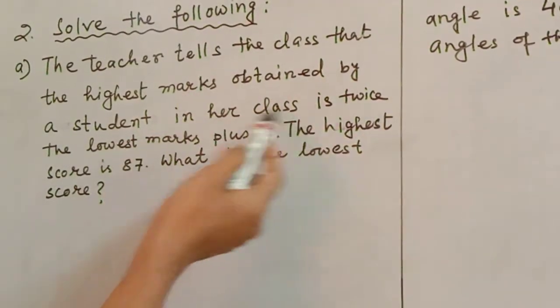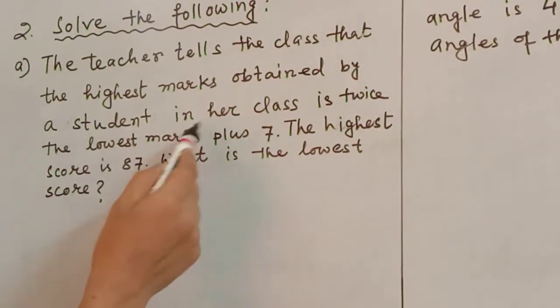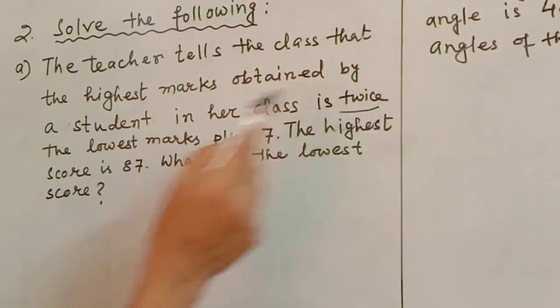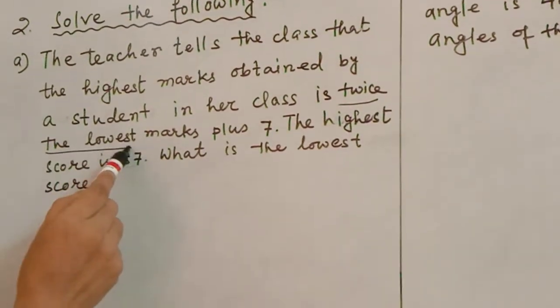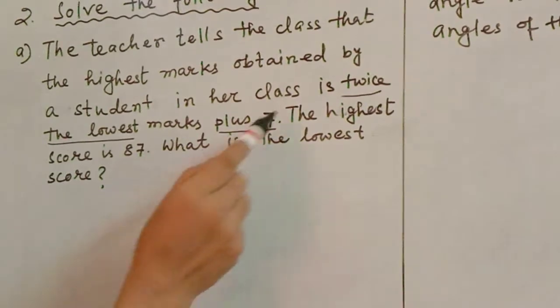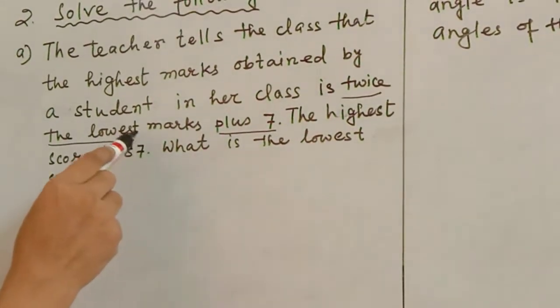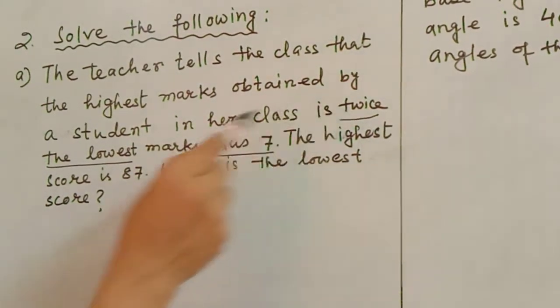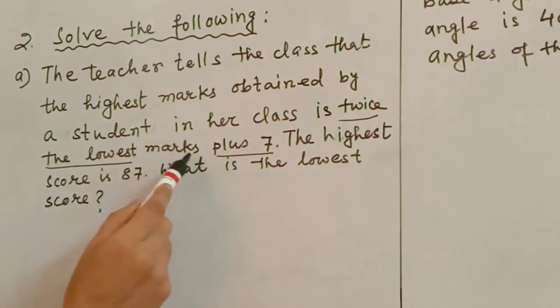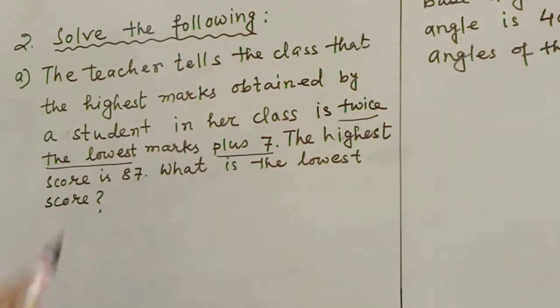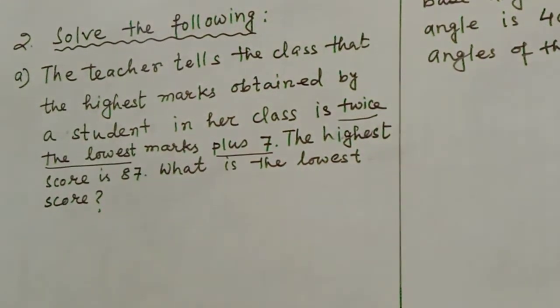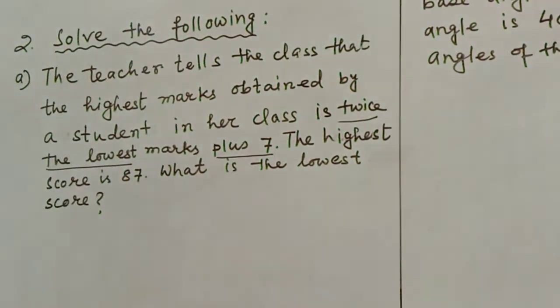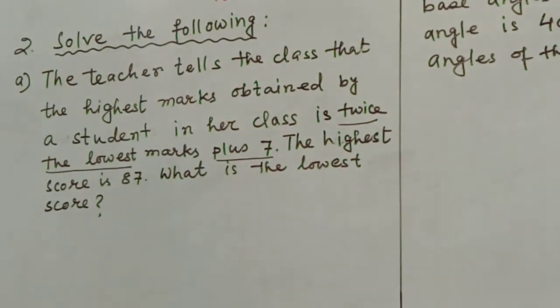So if you take the variable for the lowest marks, twice means 2 times the lowest marks plus 7, then you will get the highest marks. Do you remember you have done the same sum in exercise 4.1 also? But there you have to make the equation only, here you have to solve also.